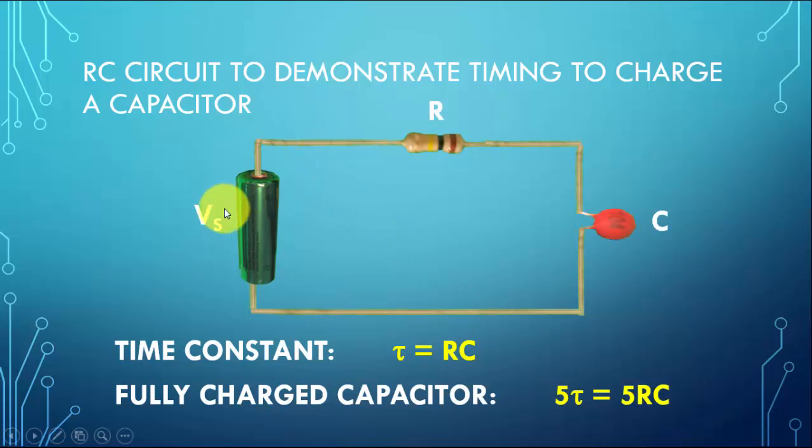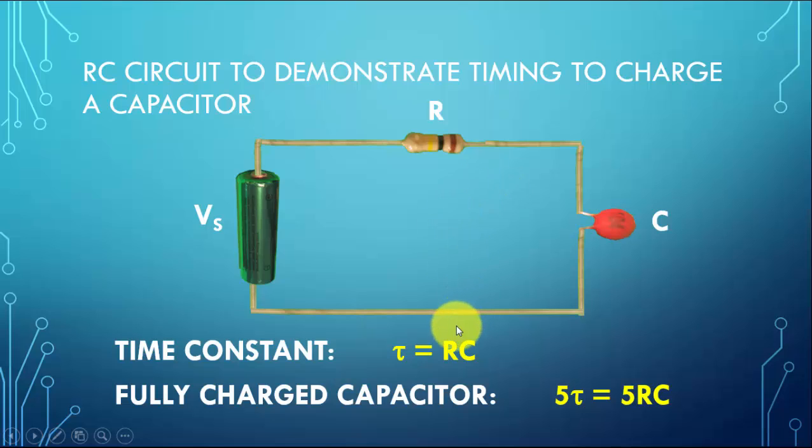Here we have a voltage source that is being inputted to this combination of a resistor, R, and a capacitor, C. And we'll see in a simulation how the output, which is the voltage across the capacitor, fully charges and fully discharges when we turn on and off this voltage supply. We're going to use what we call a square wave to simulate the on and off switch to show the effects of charging and discharging the capacitor.